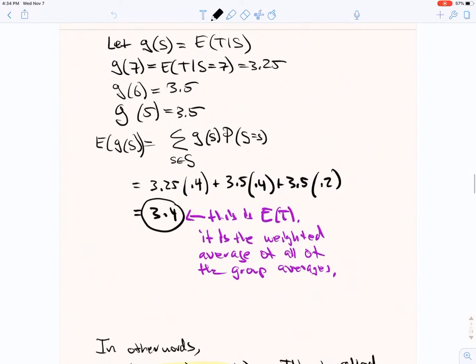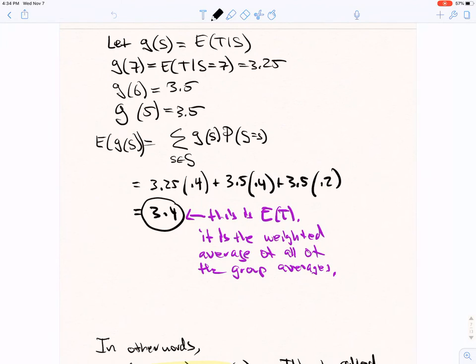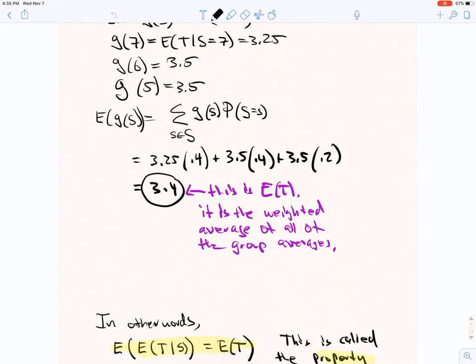And we know the formula for the expectation of a function of S. It's just summing over all the values of S, g of S times the probability that S is s. And lo and behold, you get exactly 3.4, which is the expectation of T.